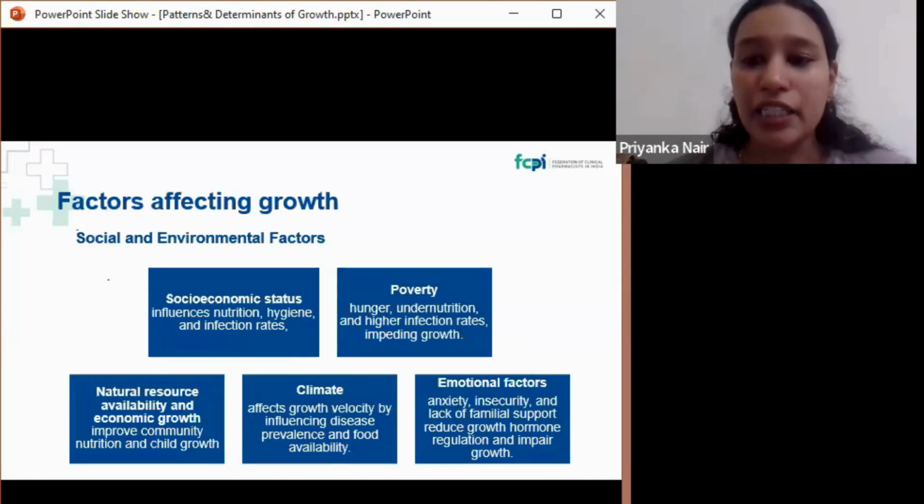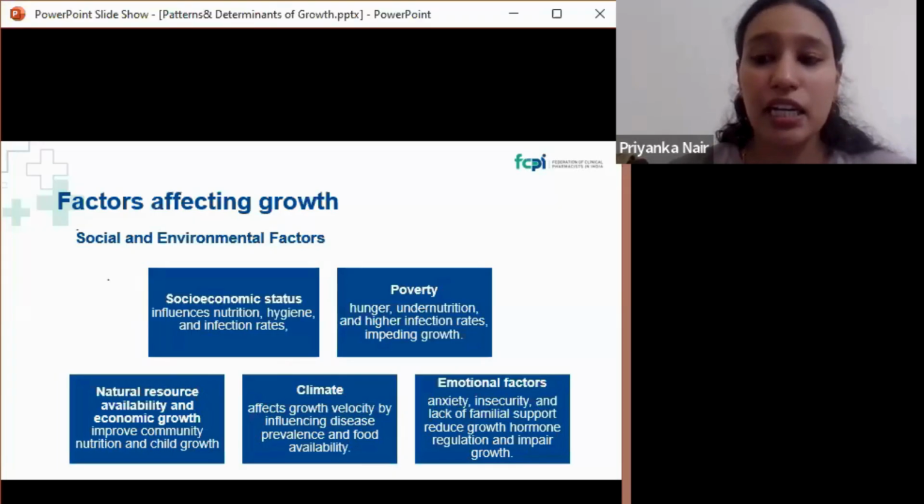Poverty, hunger, undernutrition, and high infection rates would lead to a lower growth rate. Natural resource availability and economic growth may improve the community nutrition and child growth. Climate also affects growth because it affects growth velocity by influencing disease prevalence and food availability.